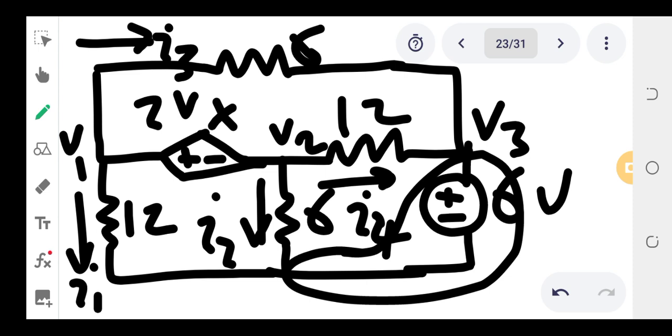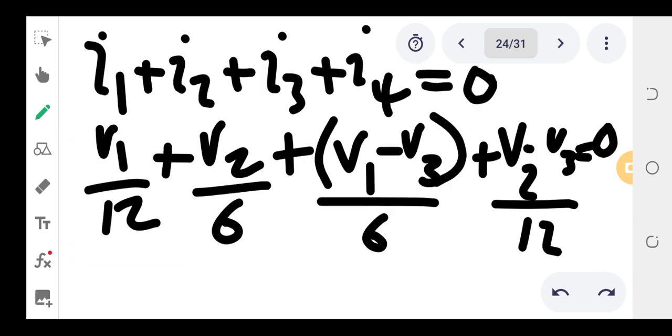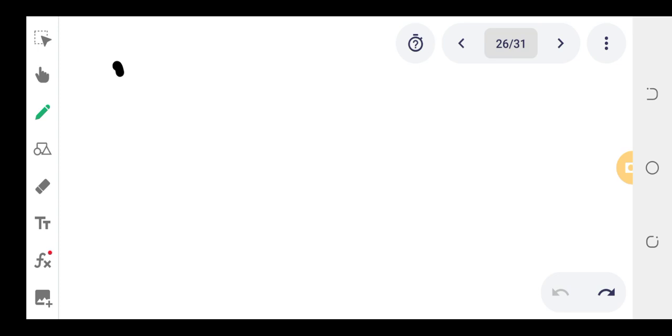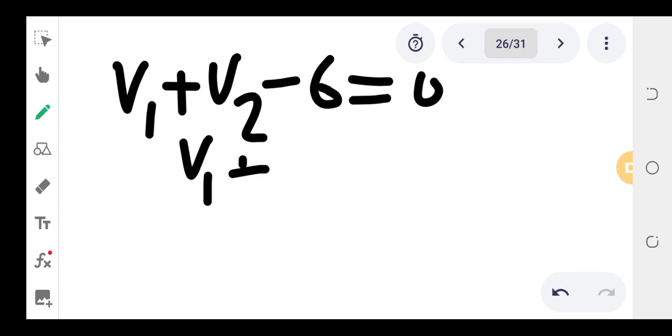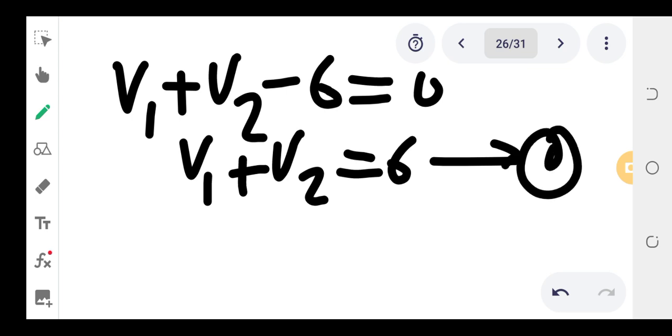It is just a wire with a voltage source there. So V3 is equal to 6 volts. Whenever there is V3, we are going to replace it with 6 volts. So we have V1 plus V2 minus 6 equals 0. So V1 plus V2 is now equal to 6. This is my equation 1 now.